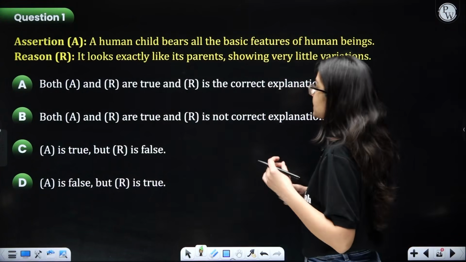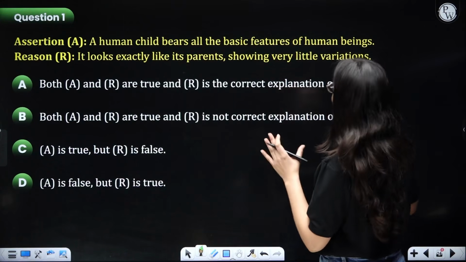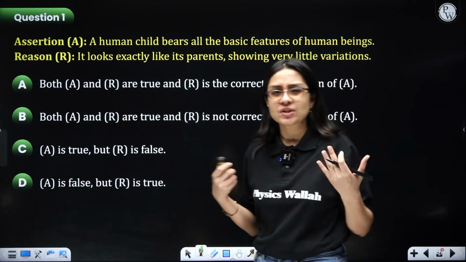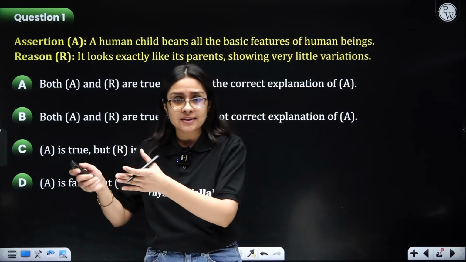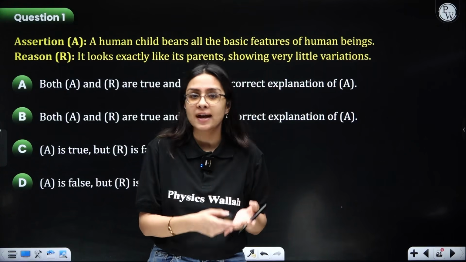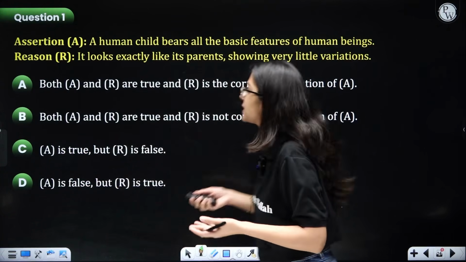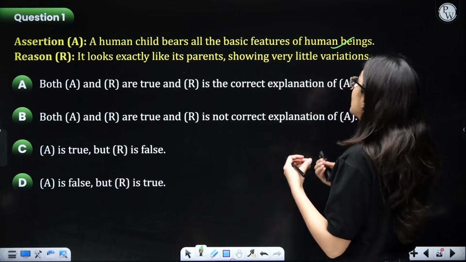The first question is assertion reason type, and the assertion says a human child bears all the basic features of human beings, which is very true because our body structure is almost similar to our parents, in the sense we have the same eyes, a nose, two ears, and limbs, which is similar to parents. So assertion is absolutely right. The reason says it looks exactly like its parents, showing little variations.